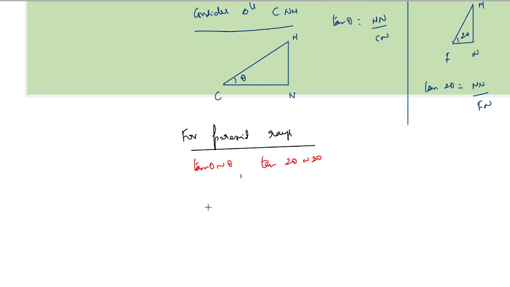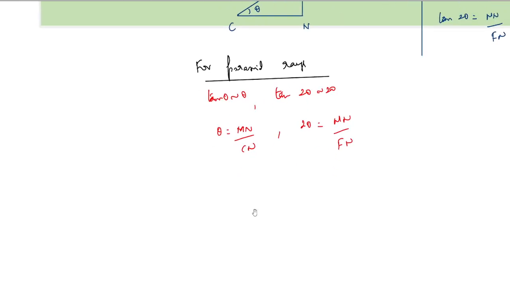Tan theta, that is theta, is equal to MN by CN. And 2 theta is equal to MN by FN. We'll divide these two.